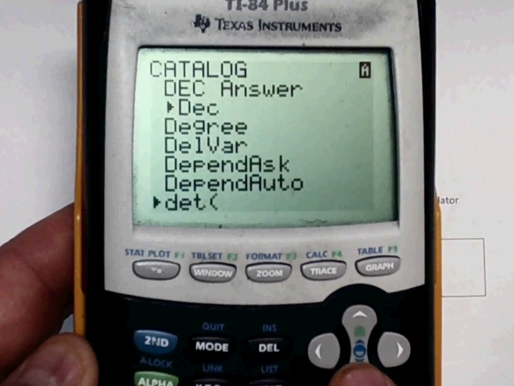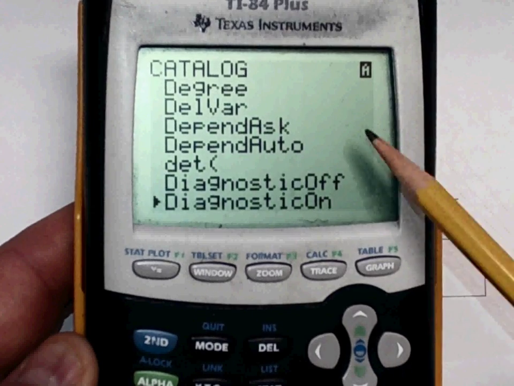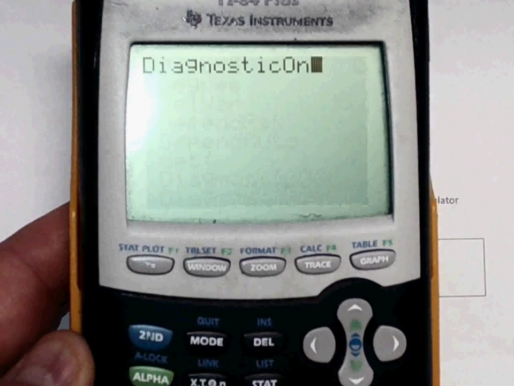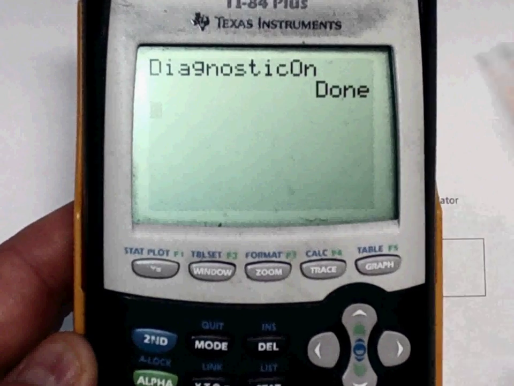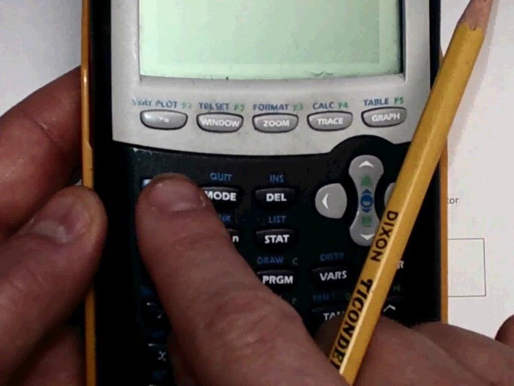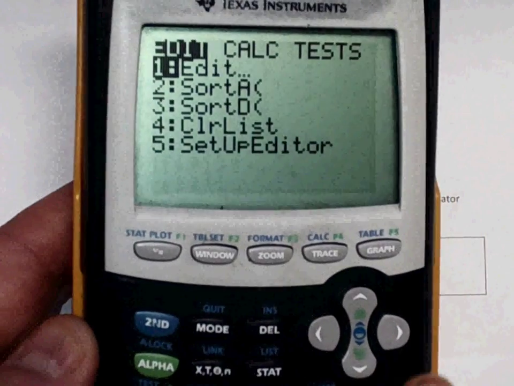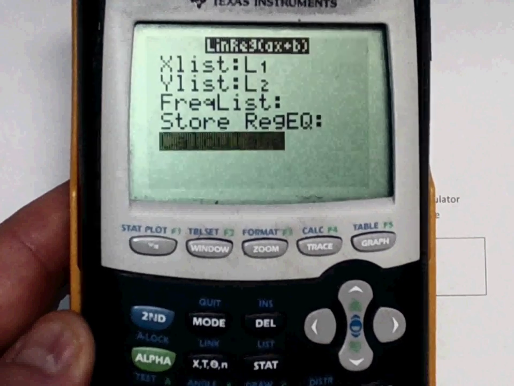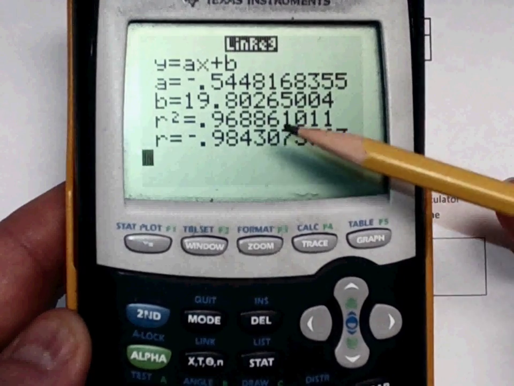And we're going to do diagnostic on. Diagnostic on. We're going to press enter, and we're going to press enter again until it says we're done. Now we're going to go back and do a regression again. We're going to do our stat, calc, we're going to press enter, and there we go.